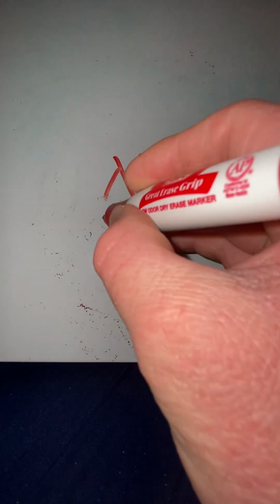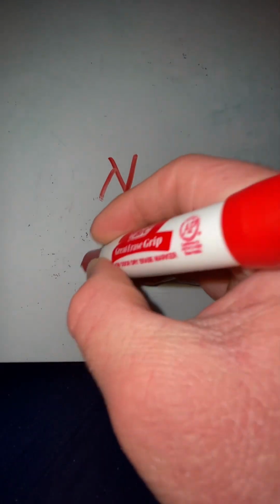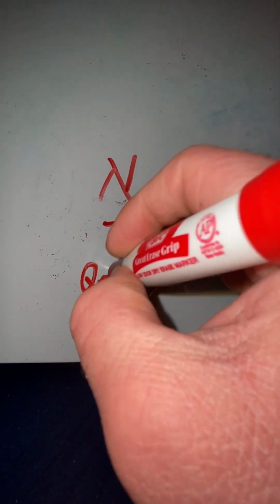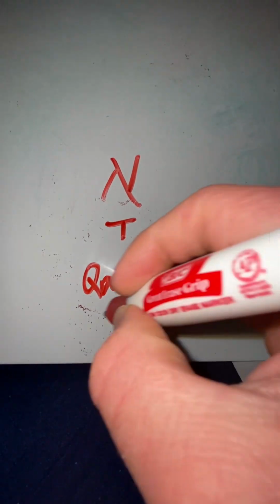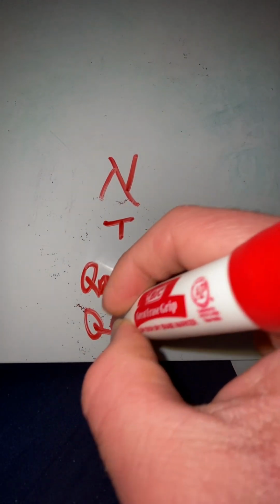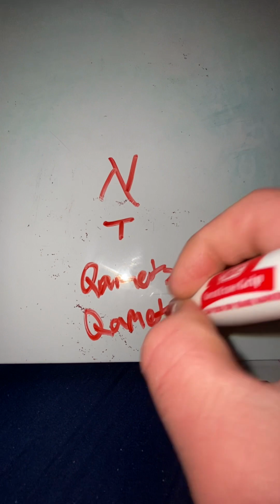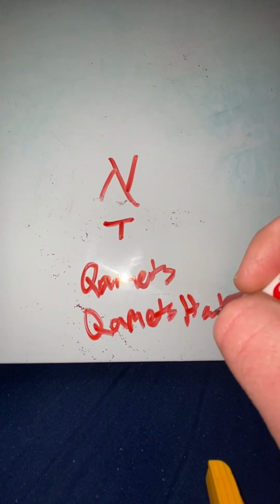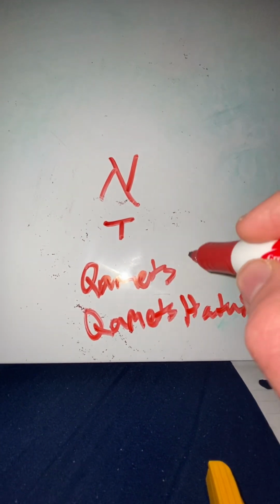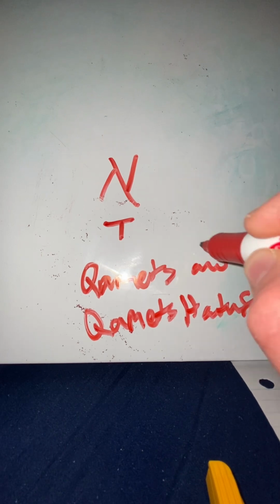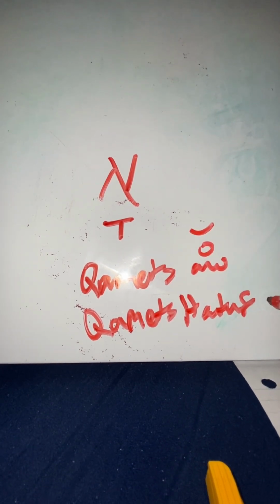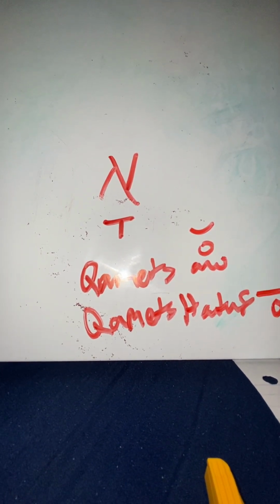And this one is comets. So it could be comets, or it could be comets hatuf. This one makes the ah sound, and this one makes the long O sound.